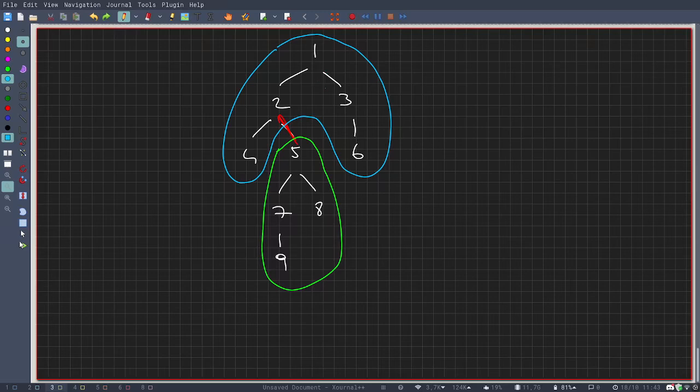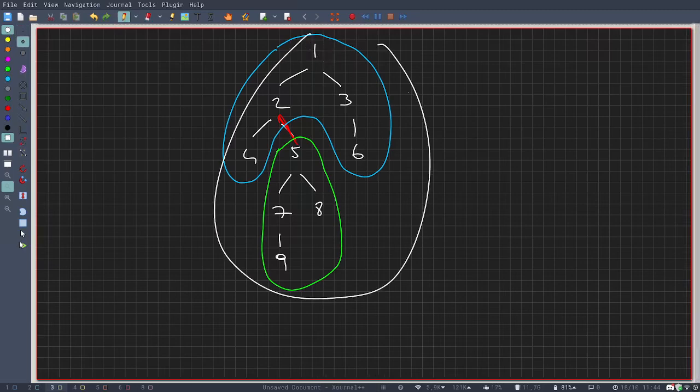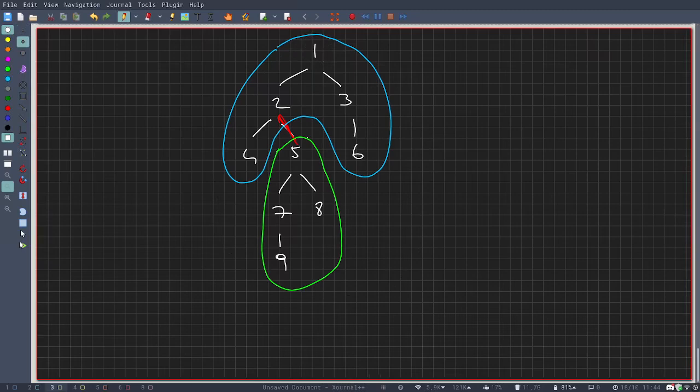It's the root, and then these nodes have depth 1, depth 2, depth 3, etc. For each node, there are some descendants, which are the nodes just under it, and some ancestors. So the descendants of node 1 are all the nodes, and the descendants of a leaf are just the leaf itself.